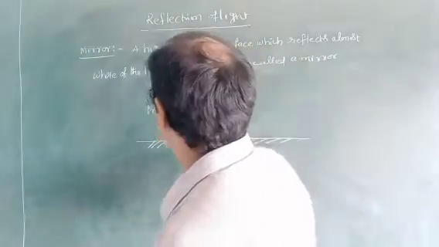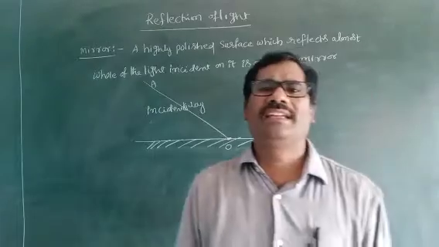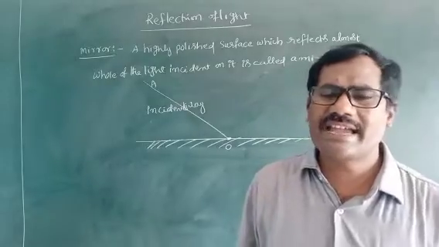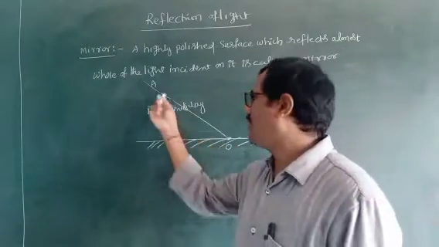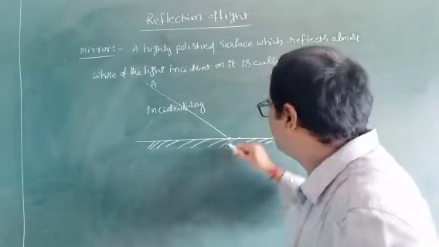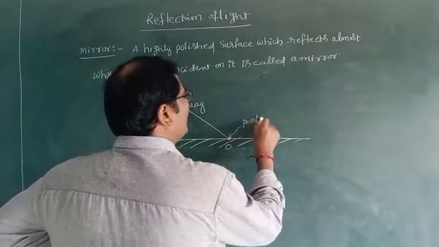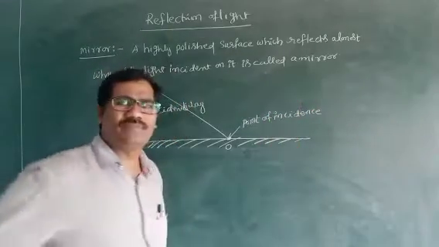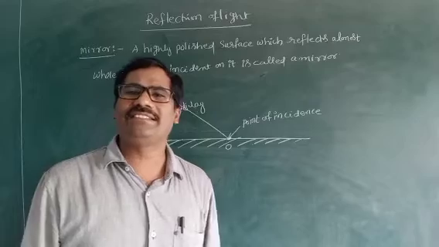The incident ray indicates O. O is the point of incidence, the point at which the incident ray strikes the reflecting surface. It is the point of incidence.